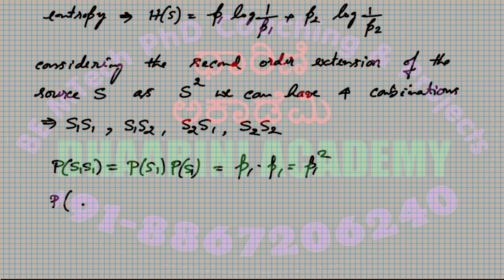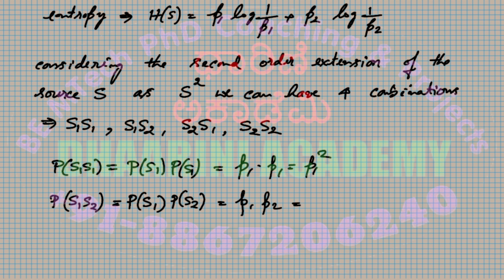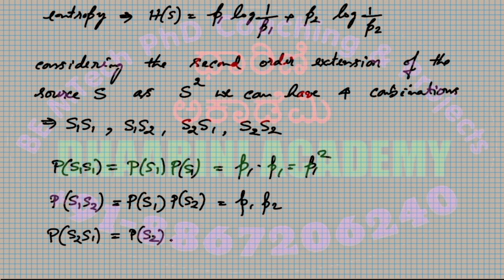Similarly, let's calculate the other three. S1 S2 is calculated as probability of S1 times probability of S2, so that is P1 into P2. Probability of S2 S1 is probability of S2 times probability of S1, so that is once again P2 P1, or P1 P2, doesn't matter.